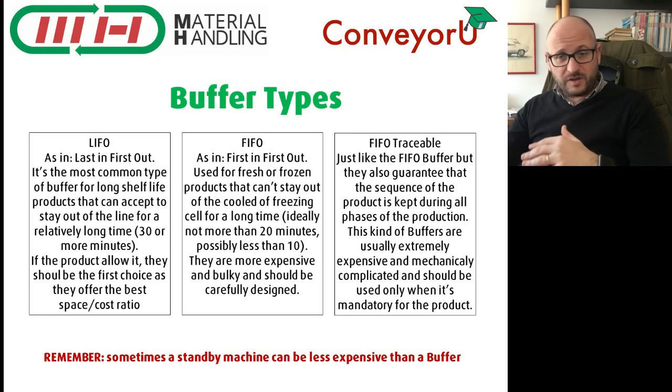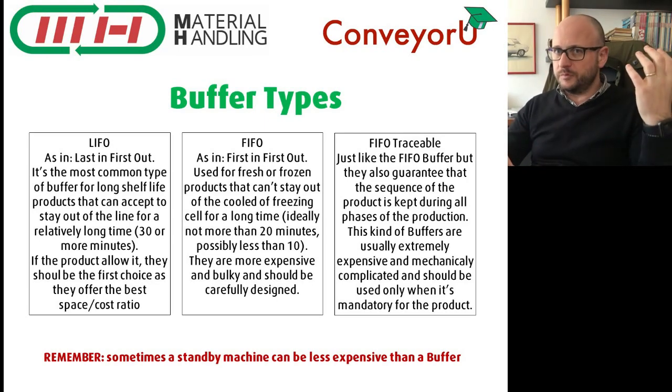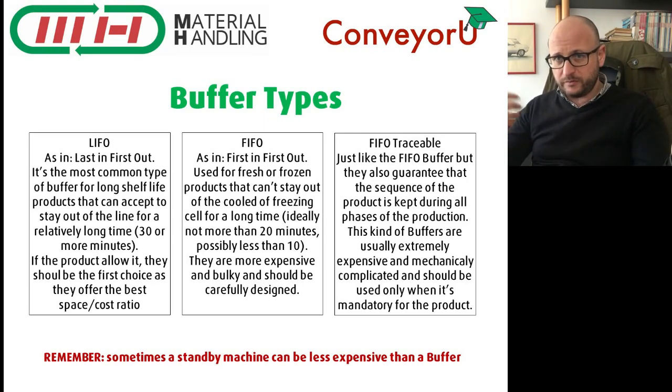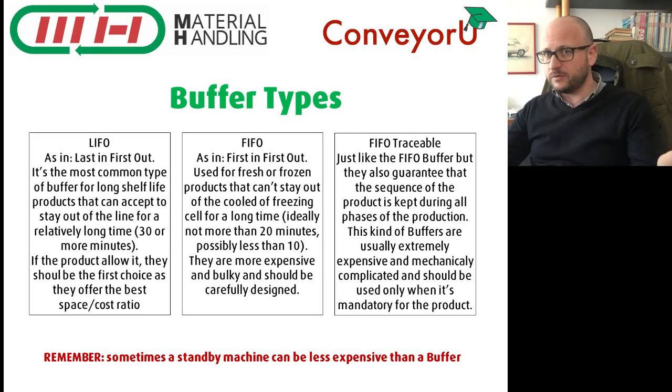But for the moment, just to close this, of course there is the possibility to take out the buffer and put a standby machine, but remember that buffering always has an advantage in terms of the capability to balance what is happening on the process side, on the primary packaging side, and on the secondary packaging side.